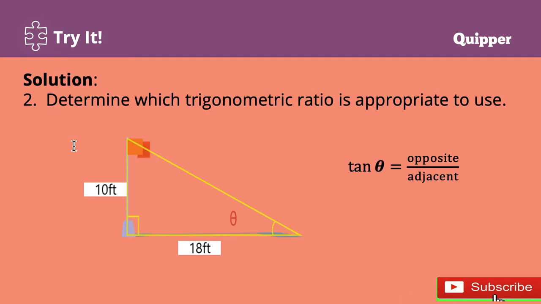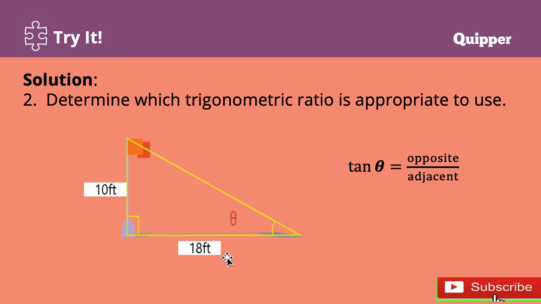Second step, determine which trigonometric ratio is appropriate to use by referring to the given angle. So the given angle here, or the angle of elevation, is in here. Now the opposite side is the 10 feet, or the height of the flagpole. And this side here, the shadow, is the adjacent side.